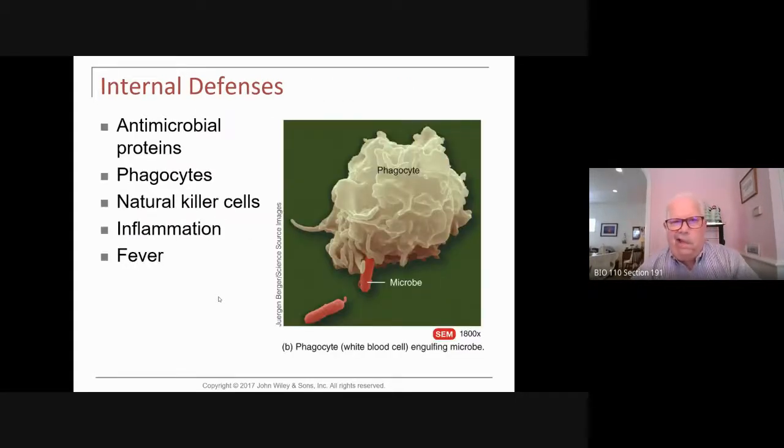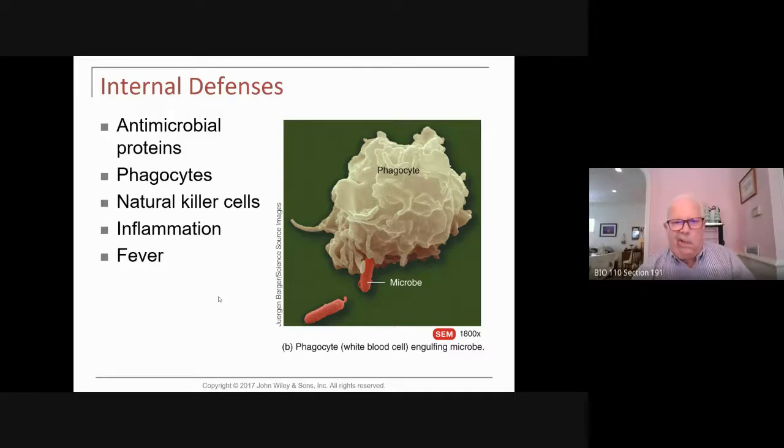You also have internal defenses that are non-specific. There are many antimicrobial proteins in your body. One of them is cytokines, and cytokine storm will be a lecture that you'll have next week from one of the students. It is an antimicrobial protein. Phagocytes.